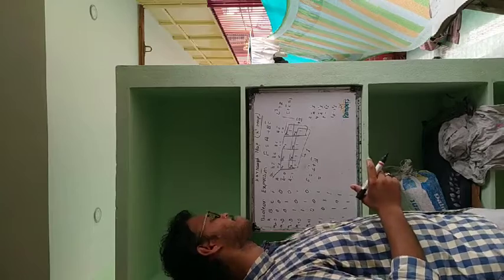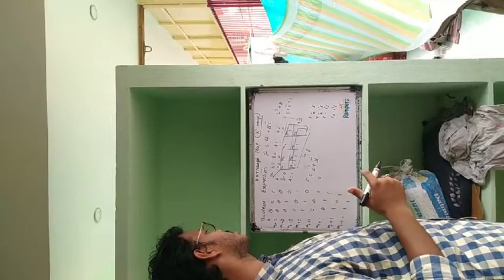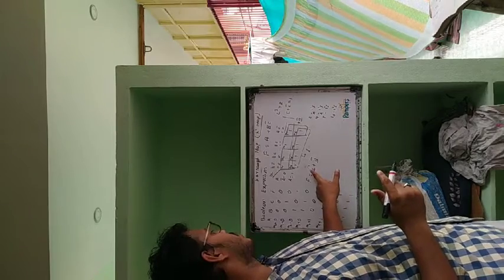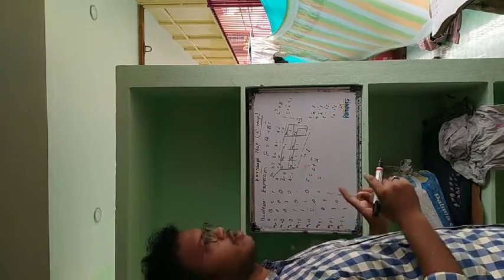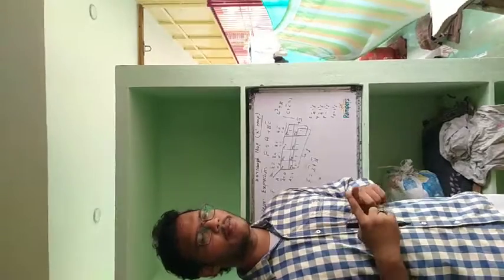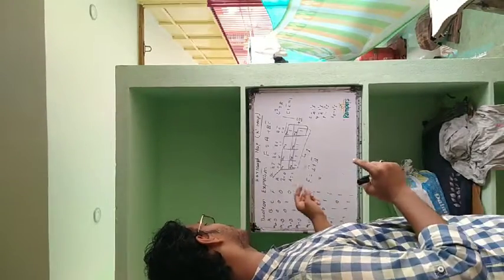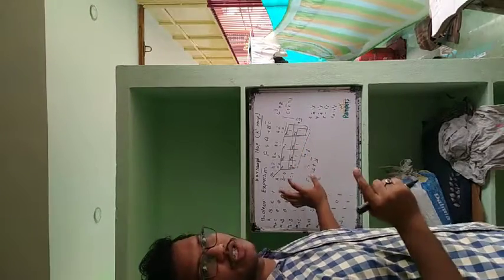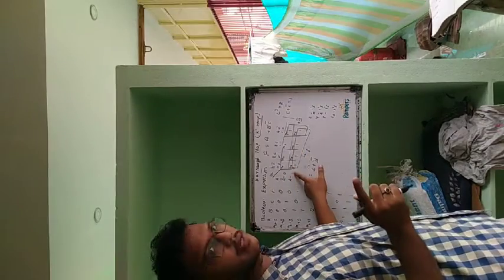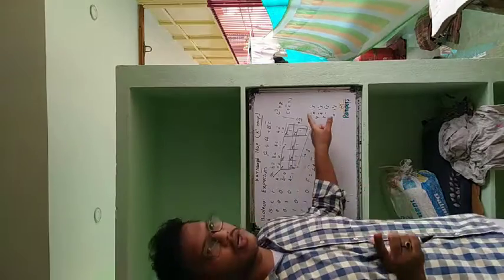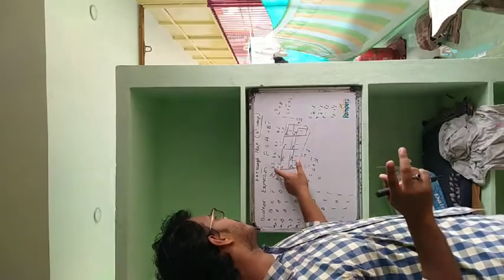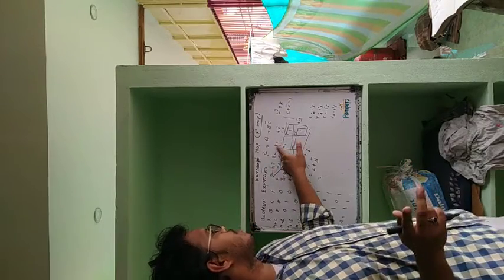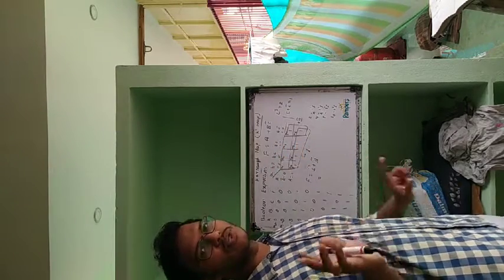When you are trying to write the Boolean function, first we have to remember one thing in the K-map. Here in this row, which one is not changing? A is not changing. So in this entire row A is not changing, B bar is changing to B, and C bar is changing to C.